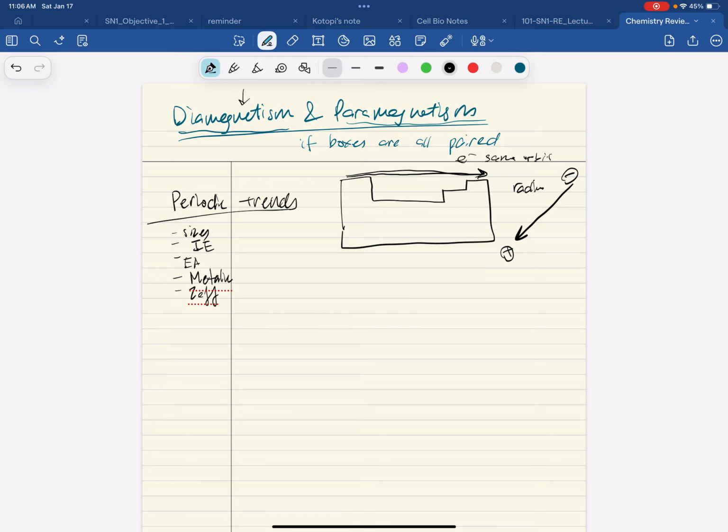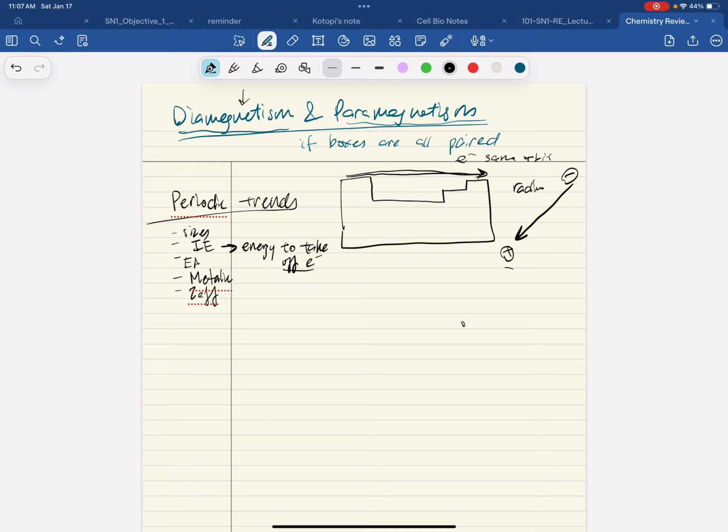And now we have the ionization energy. Ionization energy is the energy required to take off an electron. So to ionize, it's only talking about removing an electron. And removing an electron is easier on a bigger radius.